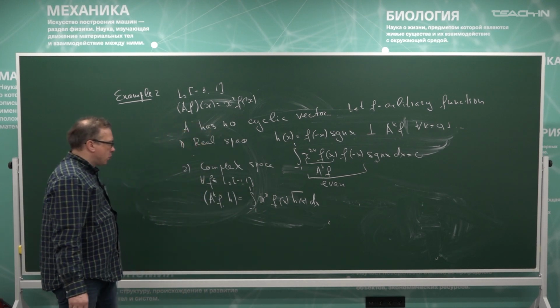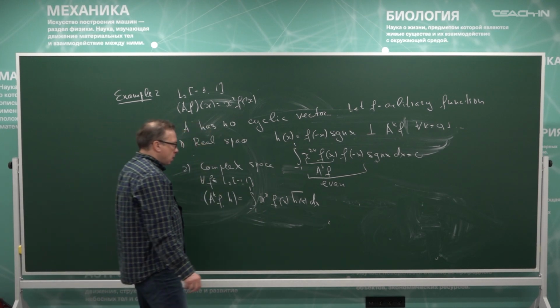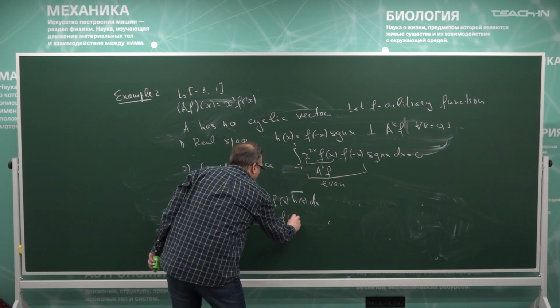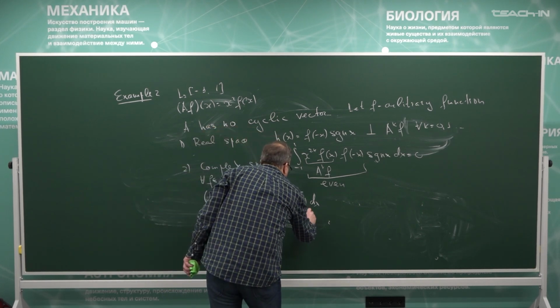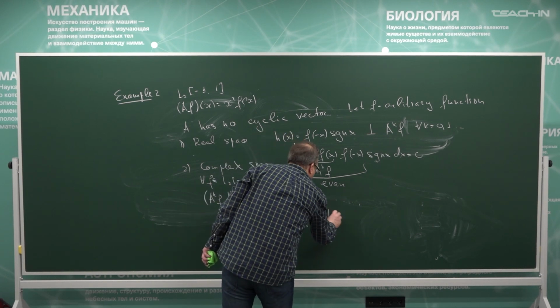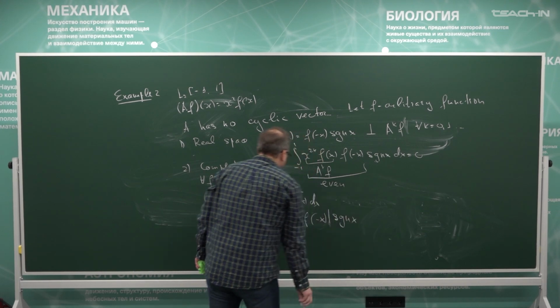We have a conjugation, so you can take h equal to f of minus x, again times sign of x.